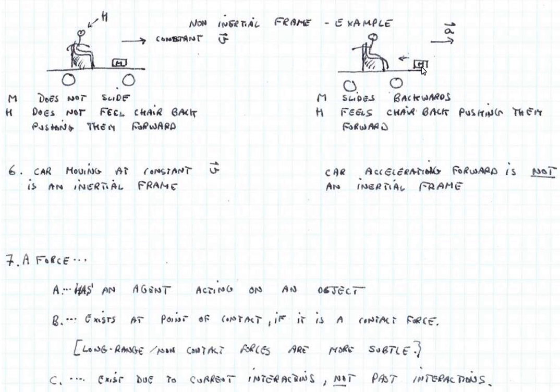Now, from the point of view of a person standing on the street watching this car accelerate, they will observe this mass m going at whatever velocity it was going before the car started to accelerate.